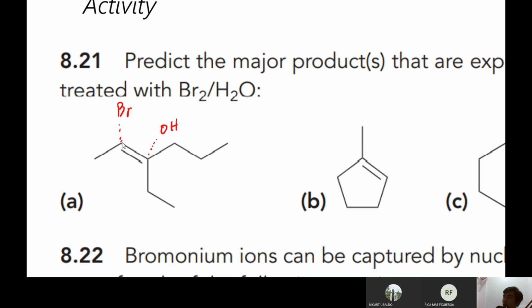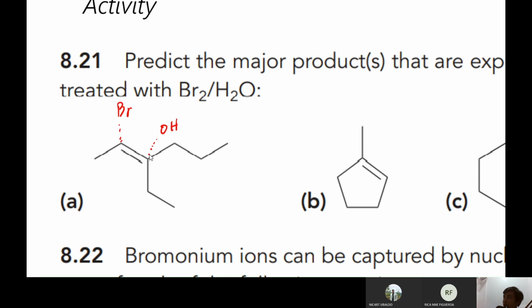Is this carbon a stereocenter? Yes, stereocenter yan. Kasi you have your hydrogen, your bromine, your methyl group, and whatever this is on the right side. So this is a stereocenter, so we have to show whether that's wedge or dashed. This carbon is also another stereocenter.